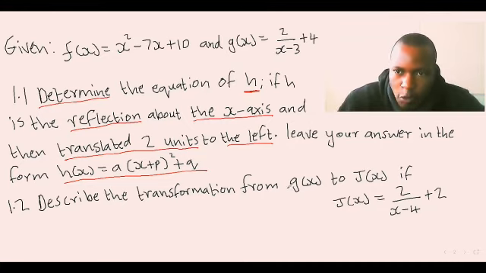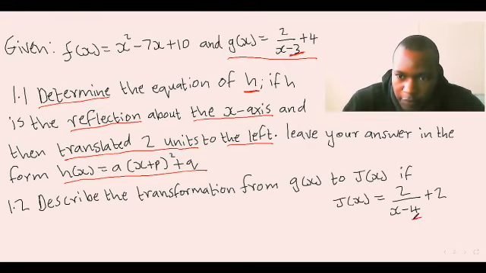So now let's move on to 1.2, which wants us to describe the transformation from g(x) to j(x), which would be 2 divided by (x minus 4) plus 2. Checking the negative 3, the function went from negative 3 to negative 4.